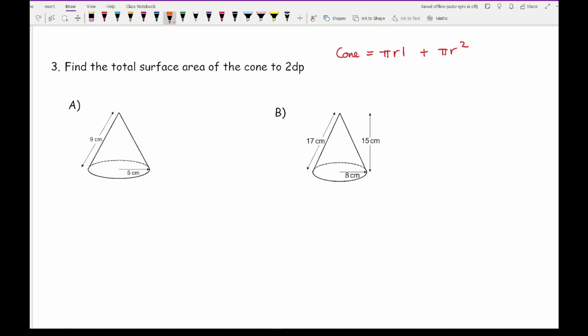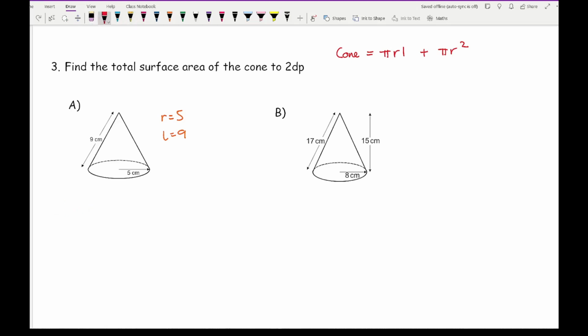So looking at the first one, we know that R is 5 and we know that L is 9. And so looking at this, what we can then do is go straight into this formula, because the two letters I need are going to be R and L. So here the total surface area, well, let's just work out the two parts first.